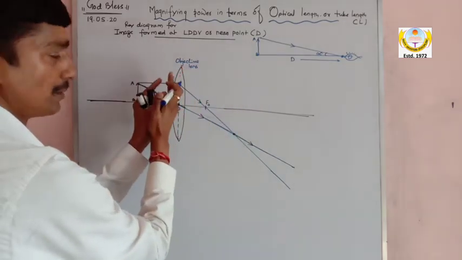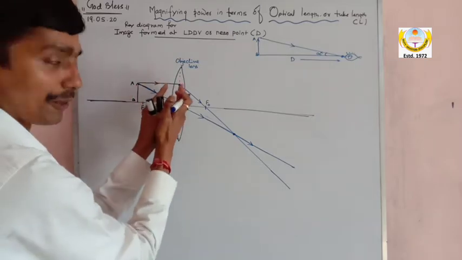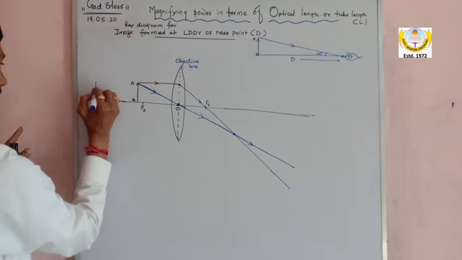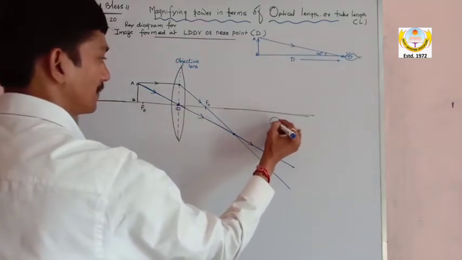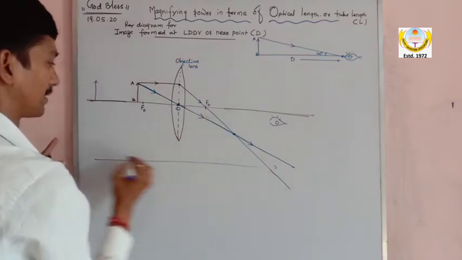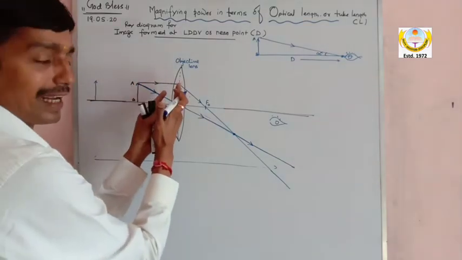Now when I introduce the lens, try to understand what is happening here. As soon as I introduce the lens, the distance of the object from the eye, say here is the eye, at the least distance of distinct vision, and the object is somewhere here, what happened, my dear?